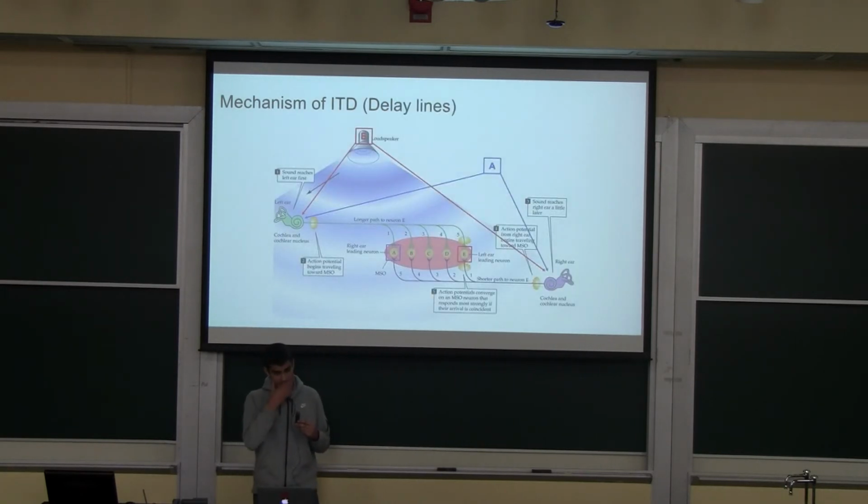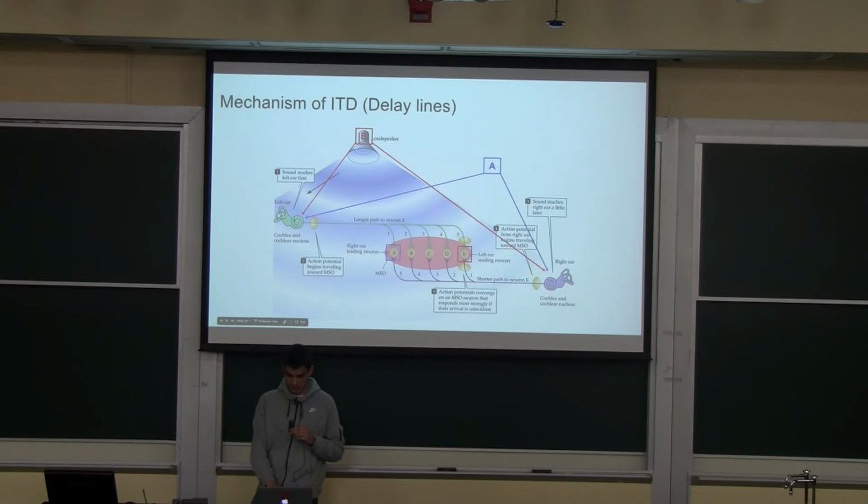And so ITD, just very quickly, there's two basic models that we discussed in lecture. So the first is this idea of delay lines. This is a Jeffress model from the 1940s. This doesn't apply to mammals, although it's been found to be roughly true in birds. But again, it's a clever setup. So basically, depending on where your sound source is, it'll reach one ear before the other.